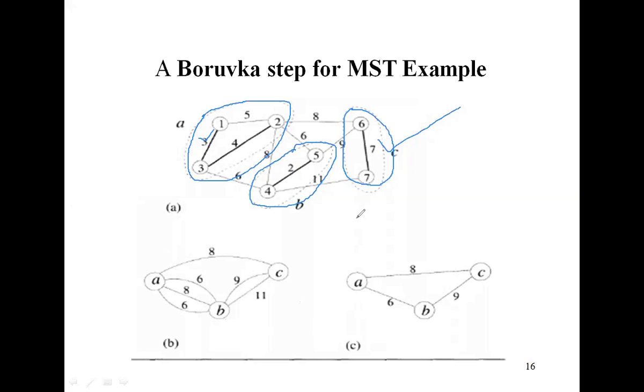So in this way, by using the Las Vegas algorithm and Boruvka steps, we are constructing the minimum spanning tree.